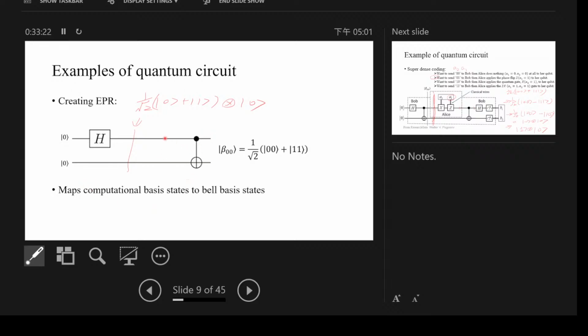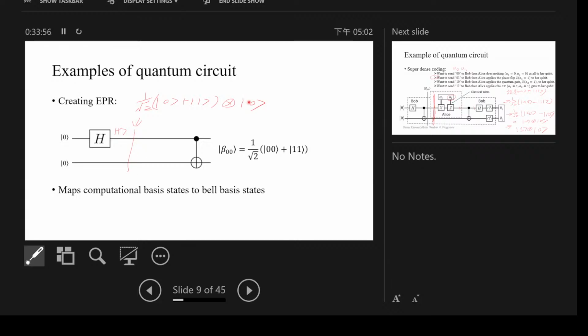Okay. So I guess this is a small component that we already used in a previous example. This is a circuit of how you create the EPR pair. You start with both qubits in |0>, and on the first qubit you put a Hadamard gate. So this becomes a plus state, which is equal to 1 over square root 2 (|0> + |1>).